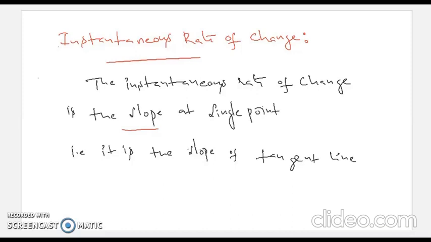Here we want to find the slope at a single point, which is known as the instantaneous rate of change. It is also the slope of the tangent line. To better understand this, we have a graph here.